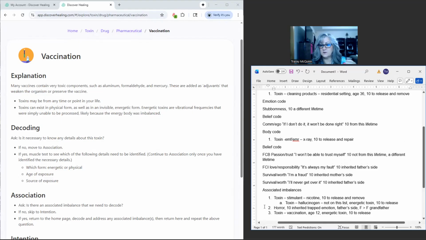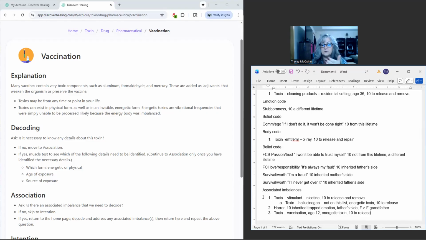Okay, and it's our intention to release this horror from this person and all other beings involved in this. 1, 2, 3, 4, 5, 6, 7, 8, 9, 10. He released that. And also all the other people who might have inherited this, release that also. All right, let's release this nicotine toxin from his body and being and instruct his body to remove that through normal elimination channels.